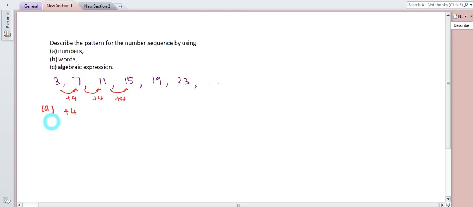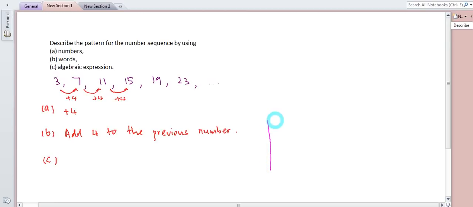Pattern is plus 4. So how about words? Words: add 4 to the previous number, or you can say previous term. So by using words means that we have to make a sentence. So how about algebraic expression? This one I think I will just start by drawing a table first.